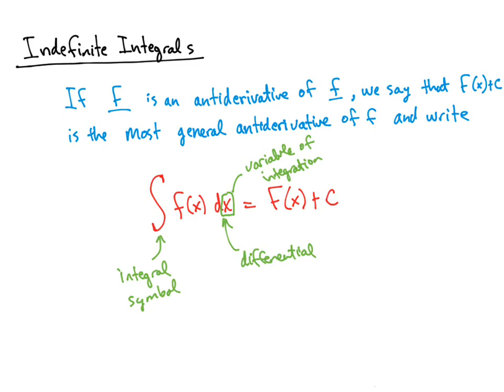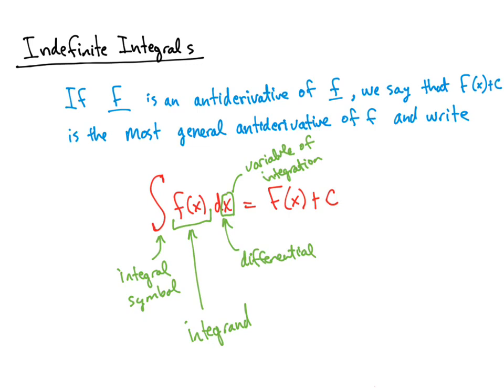So between the integral symbol and the differential, that contains the function that we are taking the integral of, or the antiderivative of. So we call the function in here the integrand. Okay, that's not super important that you know that that's called the integrand.